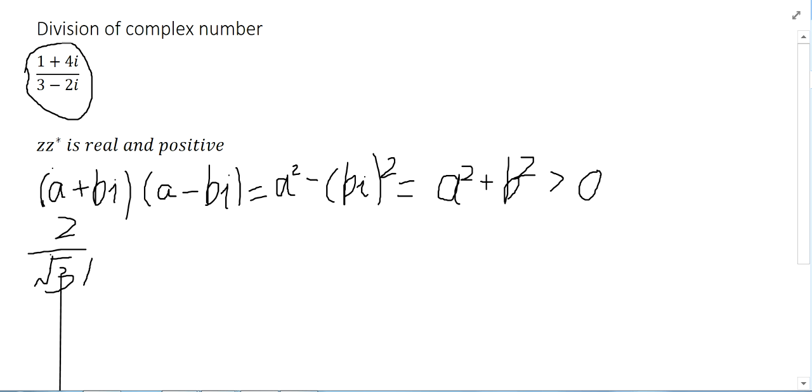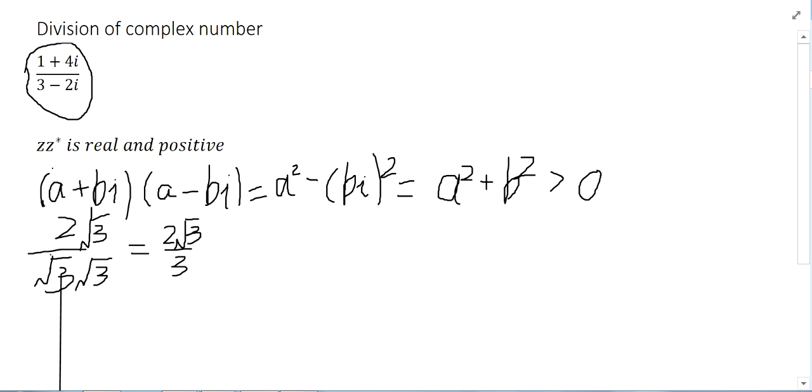What we do is multiply by root 3, so we know that it turns the denominator into a rational number. So this results in 2 times root 3 over 3.